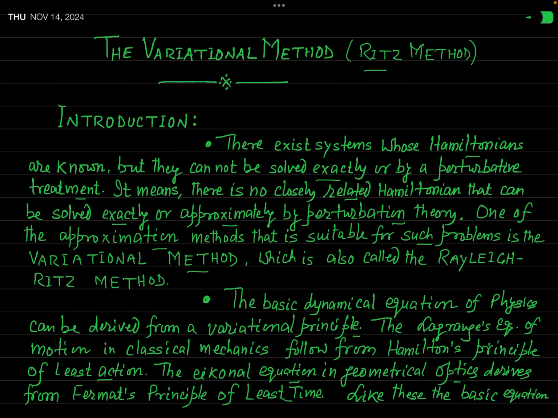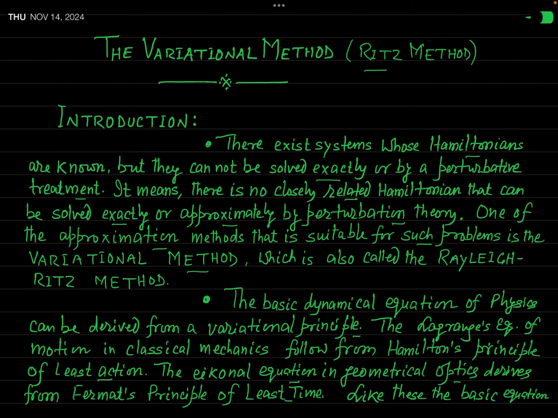I have provided videos on field theory, and in field theory you have seen, if you have watched my videos, that the classical field equations are also derivable from the variational principle. Okay.